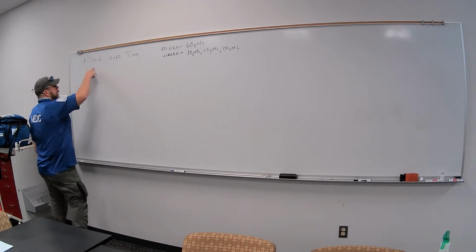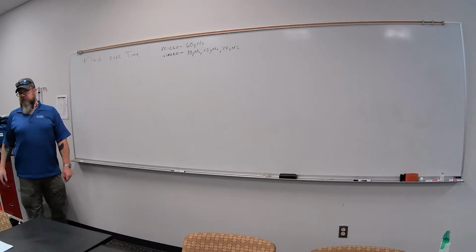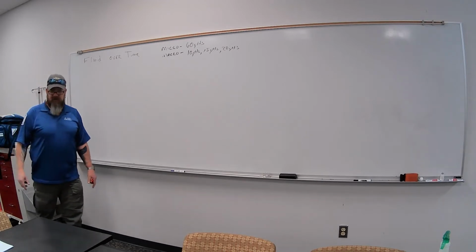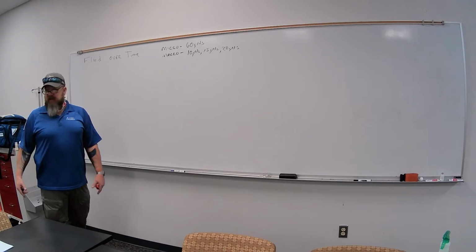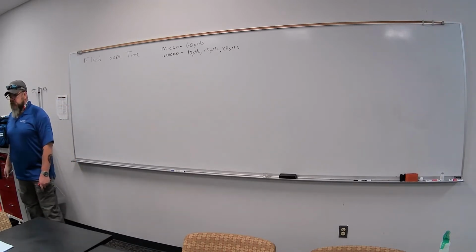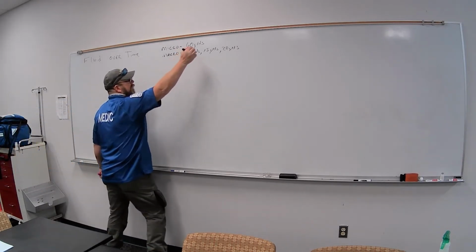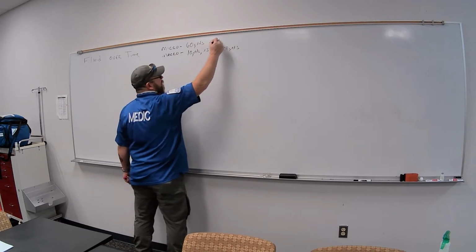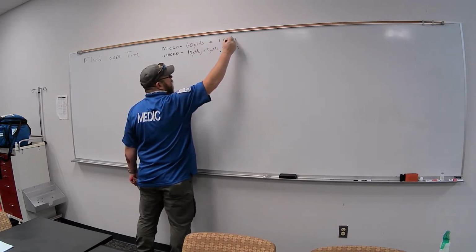So when we go to fluid over time, we want to figure out how much fluid we want to give over how much time, and that's how we figure out how many drops per minute we're going to give. Now remember, with a 60 drop set, 60 drops is 1 cc or 1 ml.